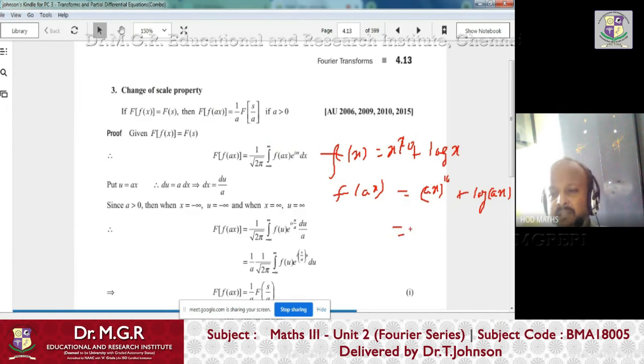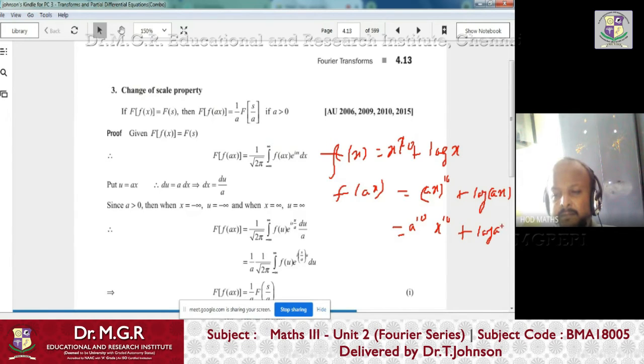So this becomes a power 10 times x power 10, not simply multiplied. Don't think that f(ax) means we multiply a with f(x). In f(x) itself, wherever x is there, we replace it with ax, so that it becomes a bigger expression.